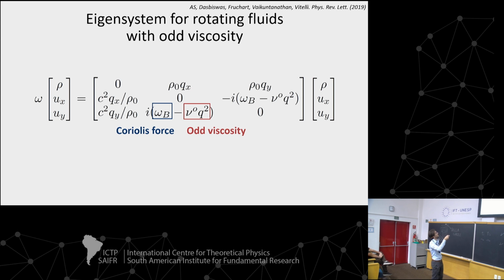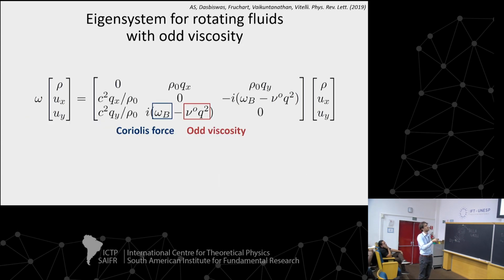So it gives you the frequencies of the normal modes. The typical normal mode analysis here would be to solve for the eigenmodes of this matrix, for the frequencies, and then you can plot them as a function of the wave number.